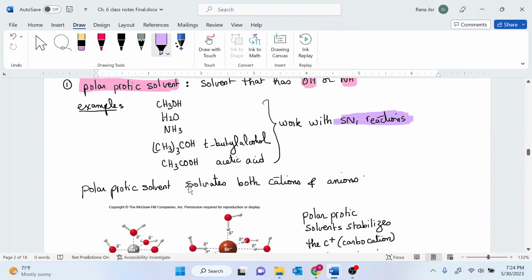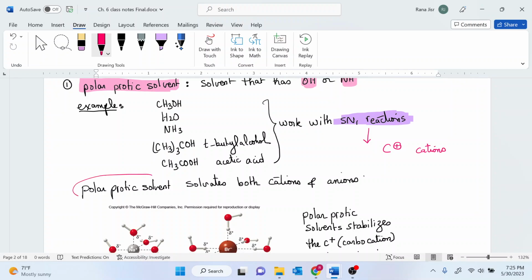Polar protic solvents, they solvate both cations and anions. When we explain further SN1 reactions, with SN1 reactions, we have intermediates. And the intermediates in the reactions that are forming are called carbocations. So these are cations in there.